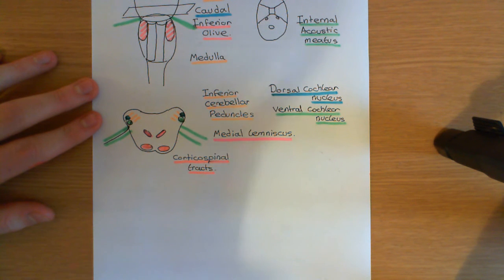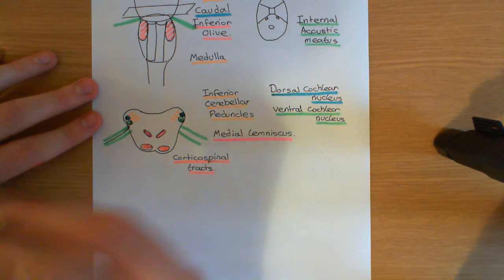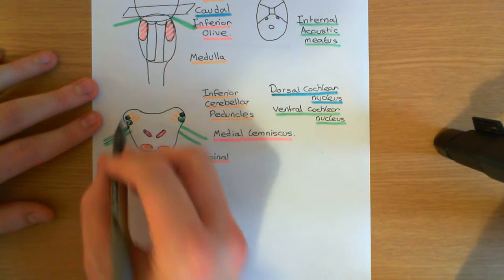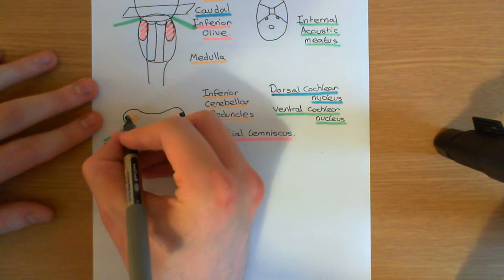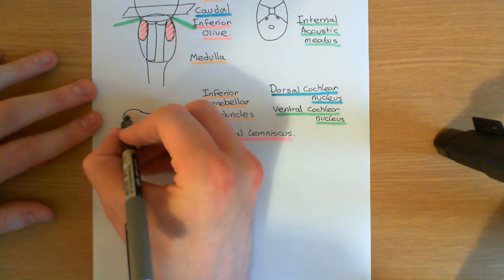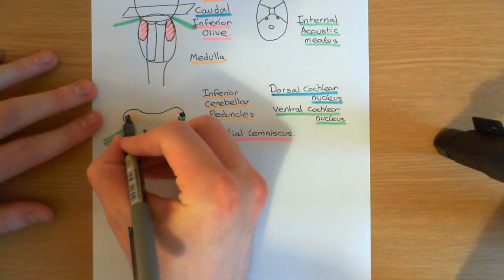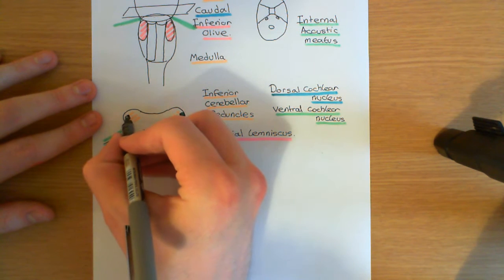Okay, so in the dorsal cochlear nucleus, what's going to happen is this is going to synapse onto a second order neuron, and the picture's a little small for me to show it, but I'll try my best. So I'll just put a dot there, and here comes the axon.